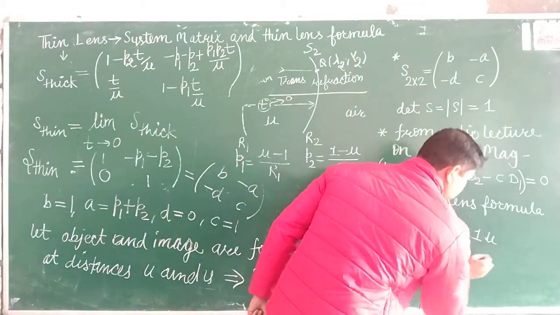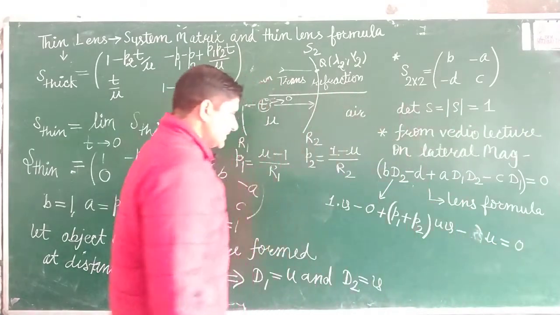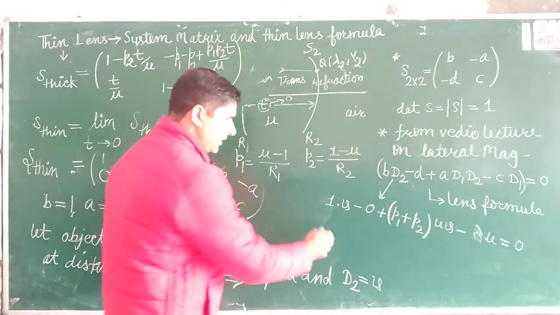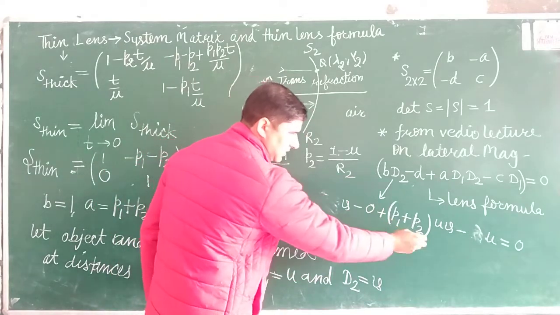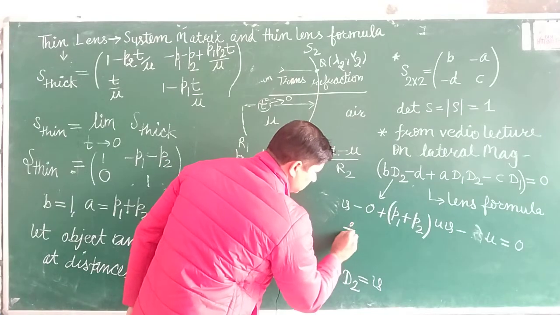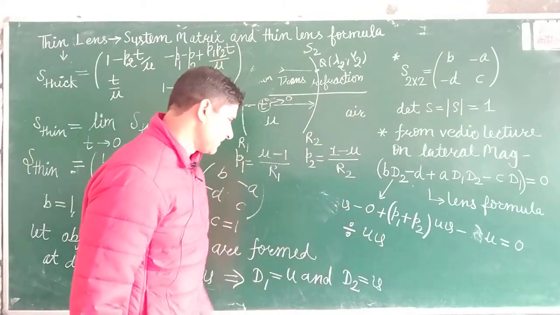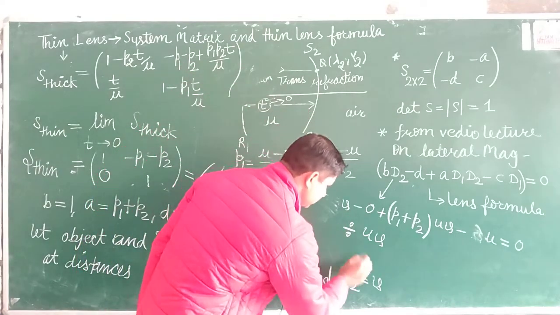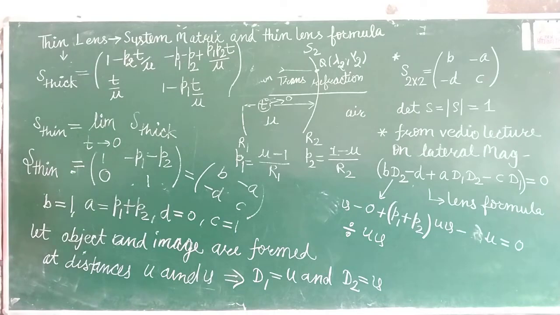So it will be 1 times u, and this will be equal to 0. Now if you divide this relation by u, v, then you will get a result.